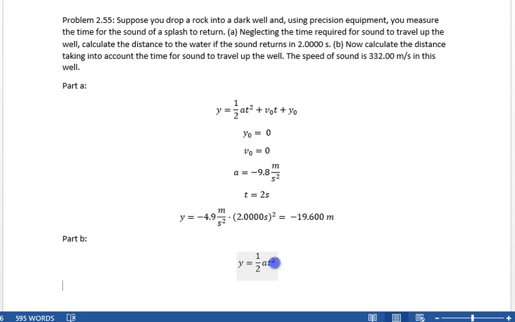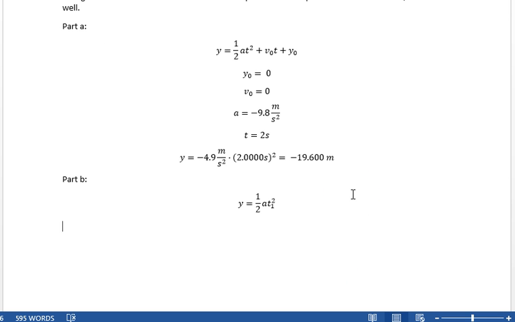I'm going to call this T1, the time it takes for the rock to hit the bottom. We also know that for sound, the distance to the bottom is v sound T2, and we know that T1 plus T2 is 2.0000 seconds.